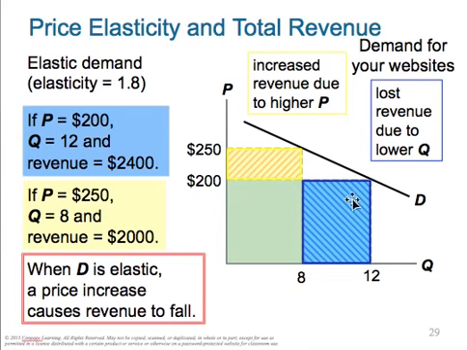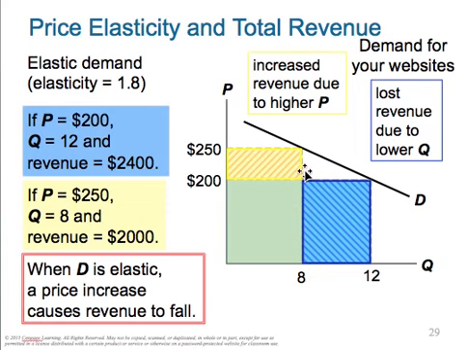Okay, that was your revenue. 200 times 12, the revenue was this overall space, this green and blue area here. So what you did now is you raised your price to 250 with this demand curve, and your quantity went down to 8. So you lost 4 websites a month. So 250 times 8 is this green and yellow box here.